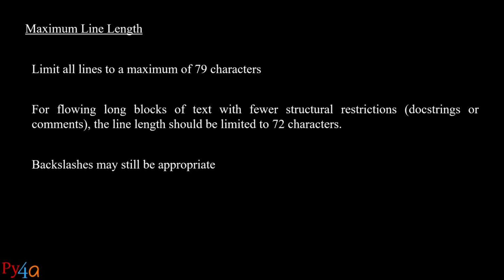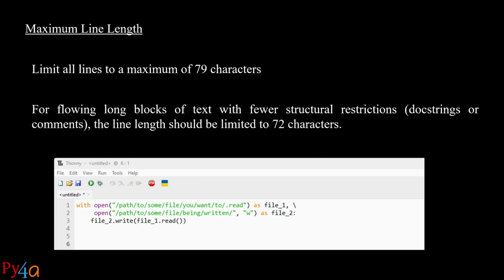Backslashes may be appropriate. In other words, you can use backslashes to break your code onto the next line. This is an example of that recommendation. We see here open, and then you have the path in parentheses as file1, then a backslash to put the next command on the next line, which says open.